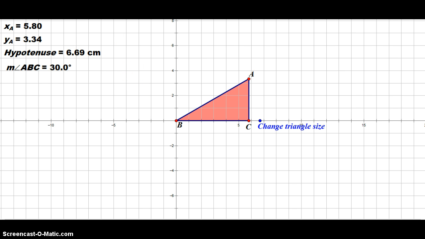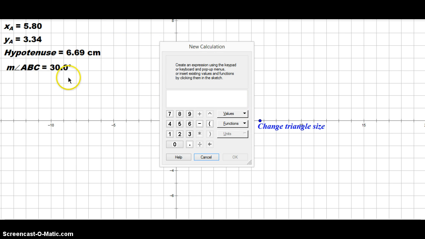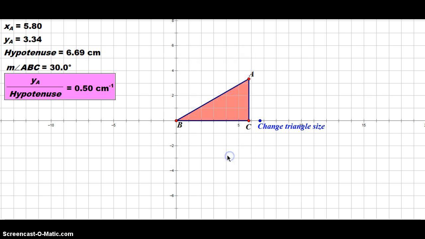I'm going to go to the number menu, and there's a calculate option. The opposite side, again, is the y-coordinate, and I will divide that by the hypotenuse. And there we have it. So the ratio of the opposite over the hypotenuse, which is the sine ratio, is about 0.5. And again, that was determined by the y-coordinate.